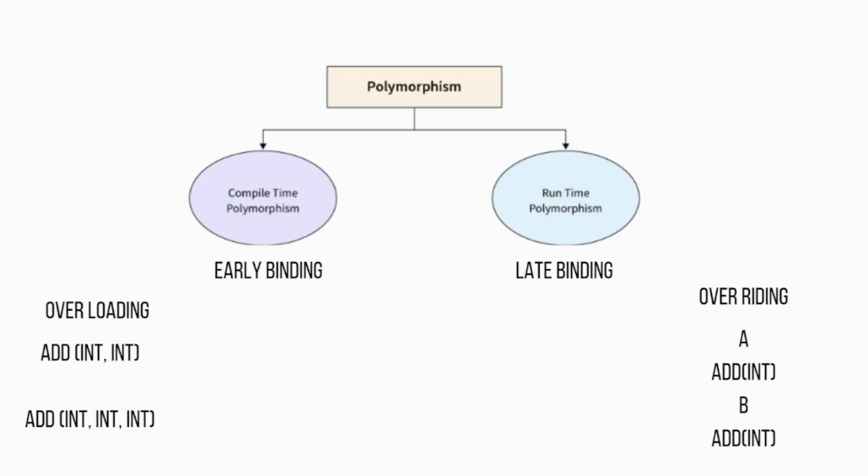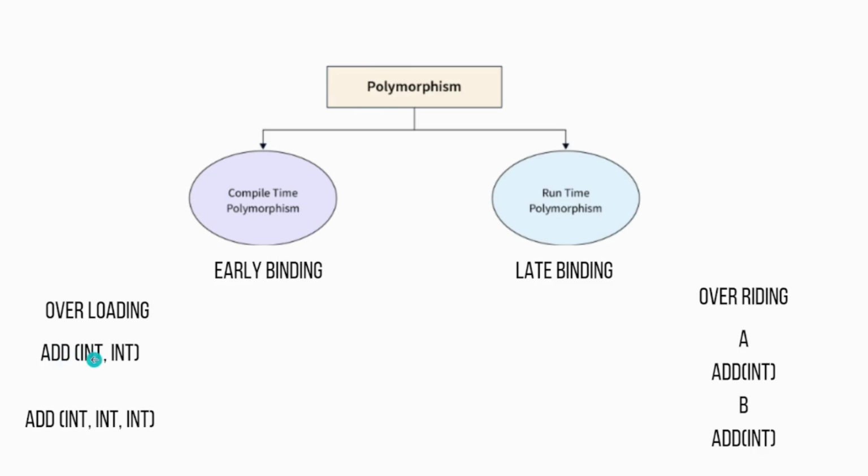Related to this we have two things: overloading and overriding. Method overloading, we have seen about it earlier, but let me recall it once again. Method overloading is when we have two methods with the same name, whereas the input parameters will be different.